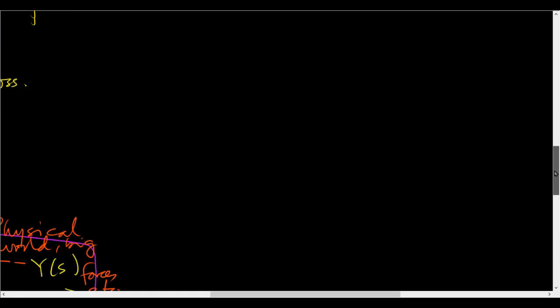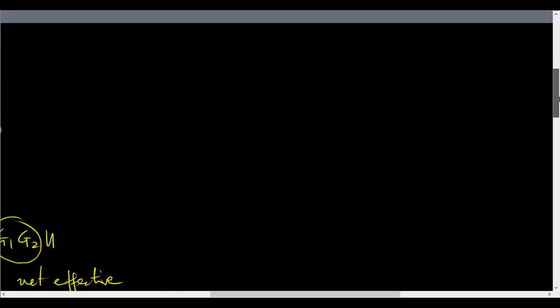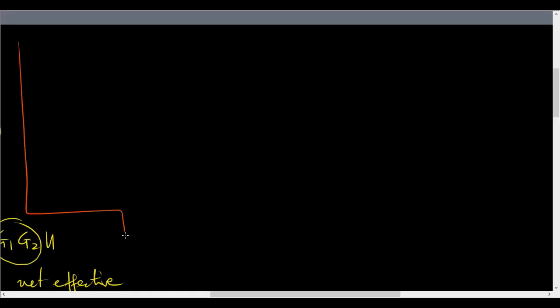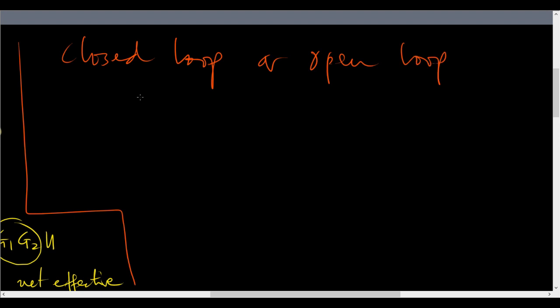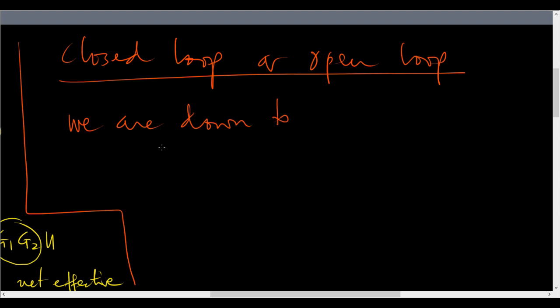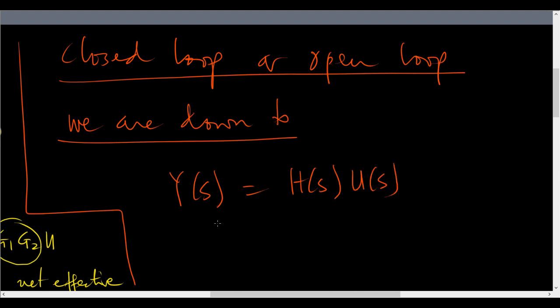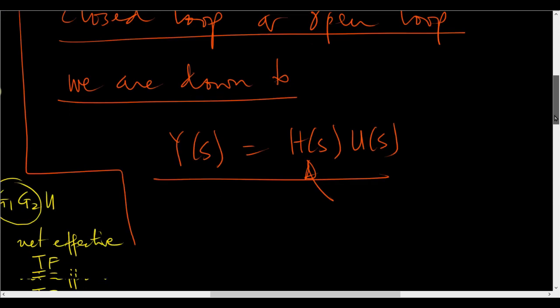So here we are, closed loop or open loop. We are down to Y of s is equal to H of s times U of s. This is a rational function of s.